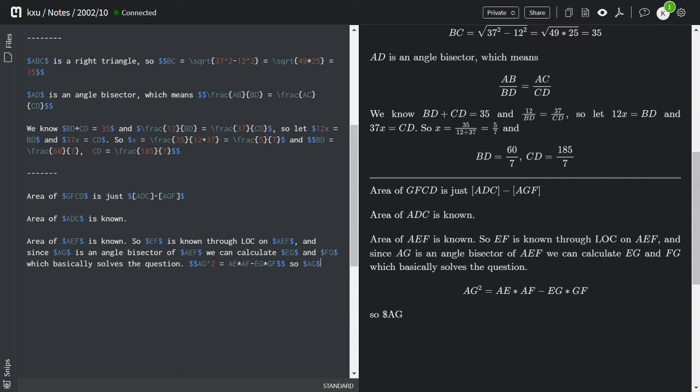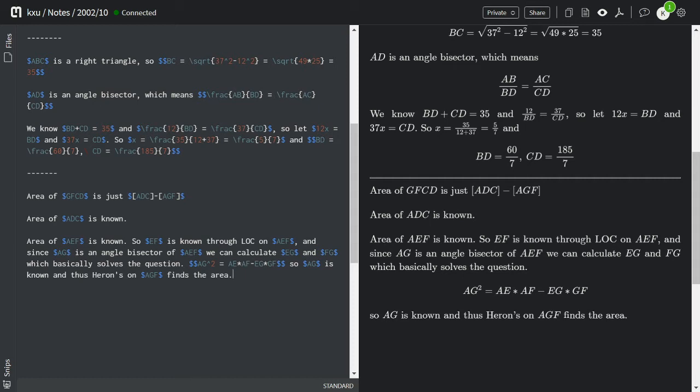So this means that AG is known, and thus we can use Heron's on AGF to get the area. But of course, this is very nasty. It gives you a lot of bad values. You don't really want to find these values. There's going to be a lot of square roots and stuff.